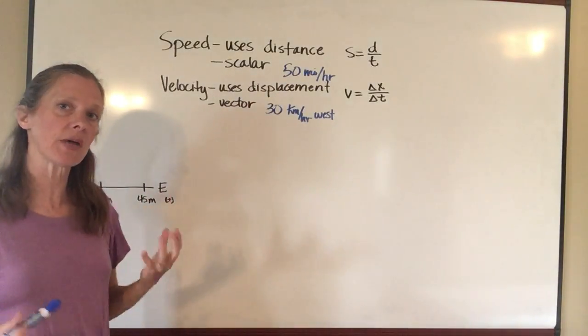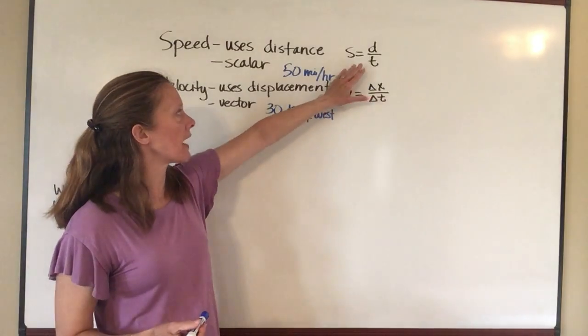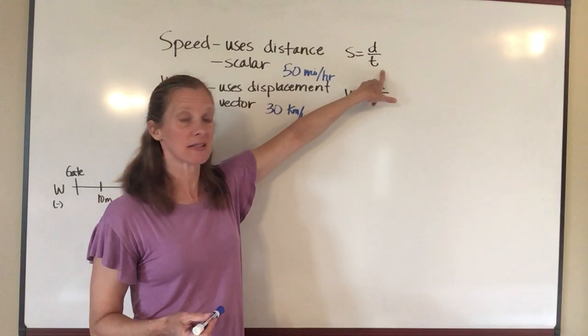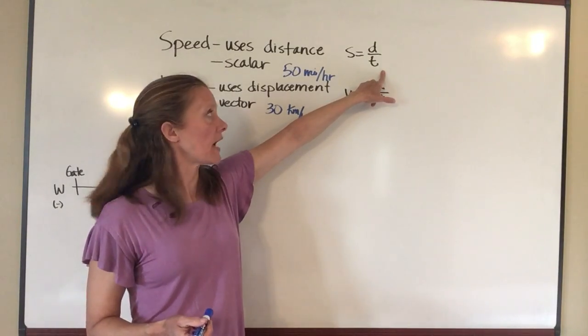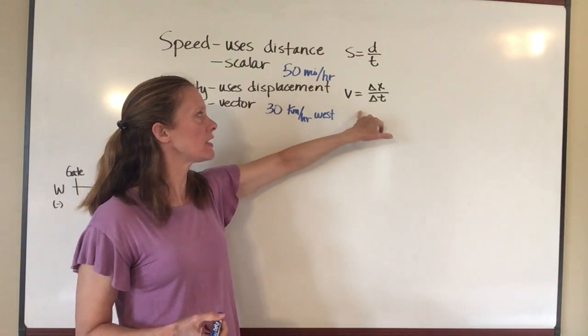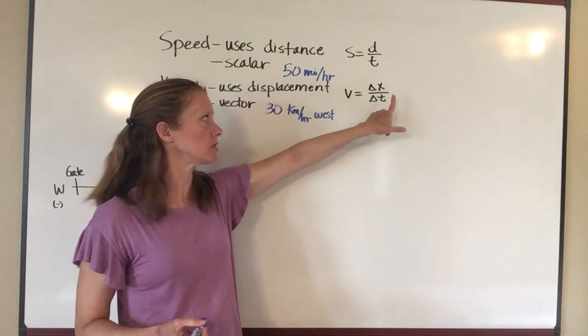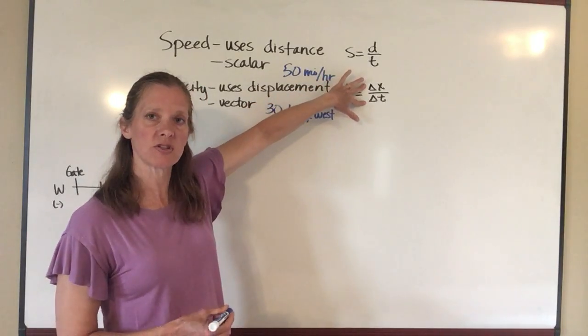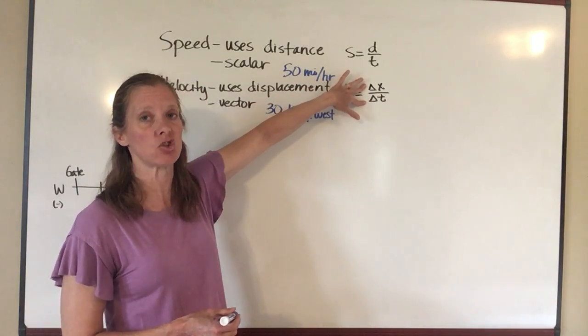Now, the formula that we use for that: speed equals distance divided by time. Okay, so that's what S, D, and T stand for. And velocity equals a change in displacement over a change in time. Whenever we use this Greek letter delta, it means a change in.